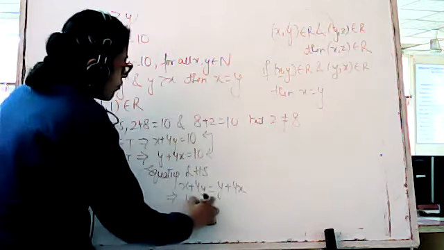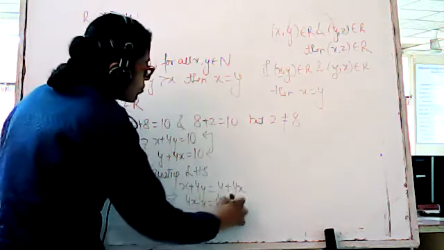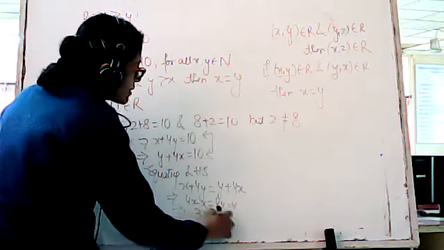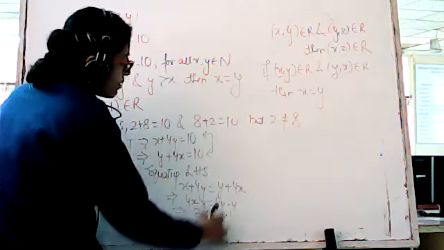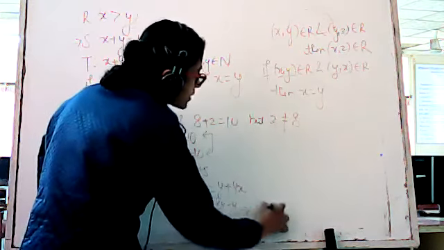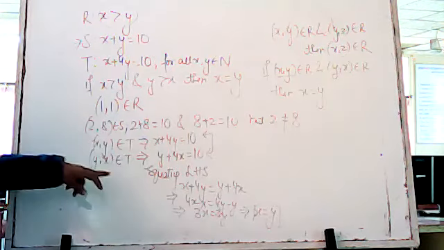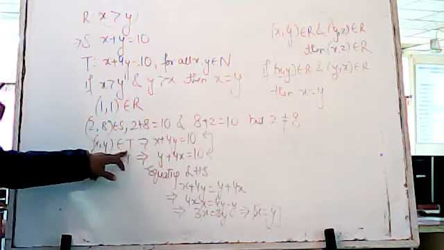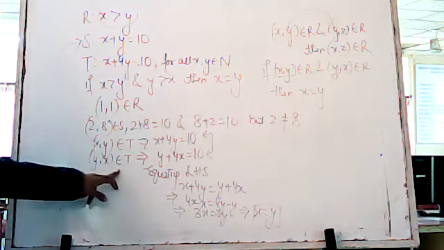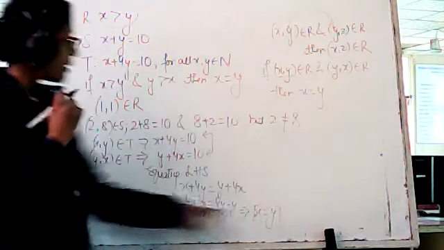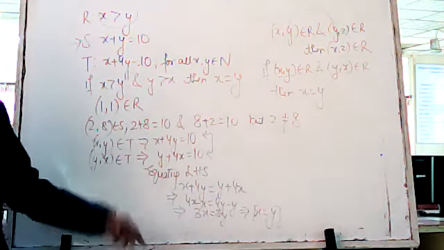This implies 4x minus x equals 4y minus y, which implies 3x equals 3y. The 3s cancel out, which implies x equals y. So we have considered that if ordered pair (x, y) belongs to the relation and ordered pair (y, x) belongs to the relation, then x equals y. It means that the relation T is antisymmetric.